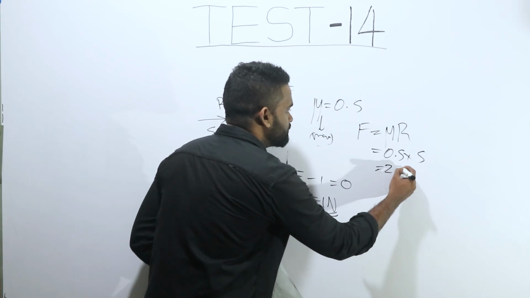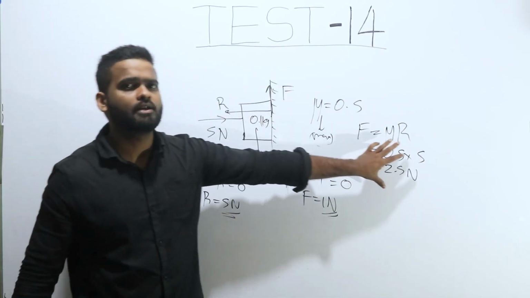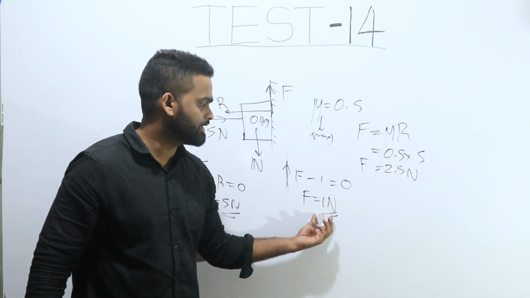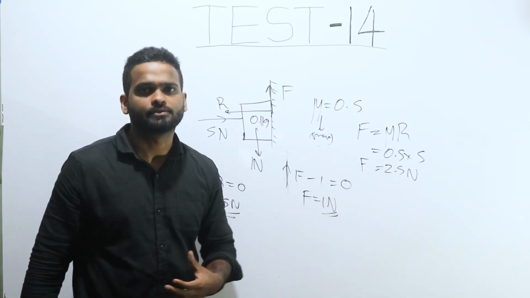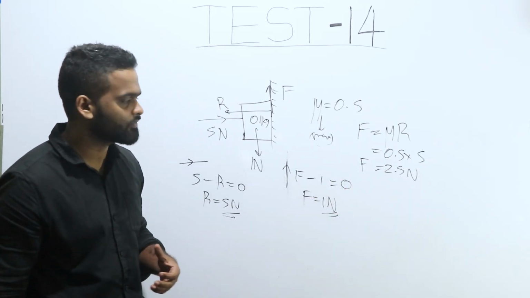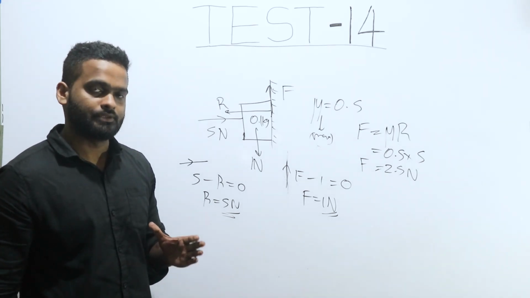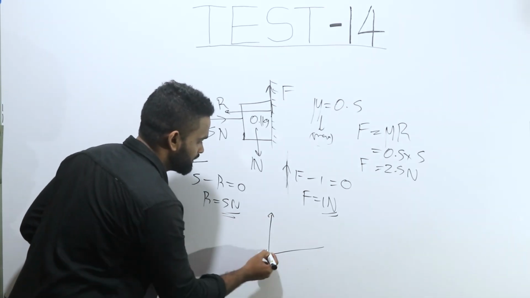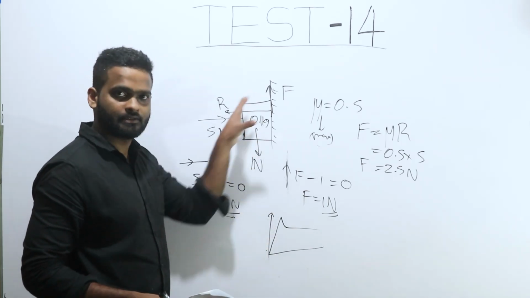So this is 2.5 Newton. Now we have two values for friction. One value is 2.5 Newton. Other value is 1 Newton. So which friction should we choose? If you remember that friction graph, this is a static condition.